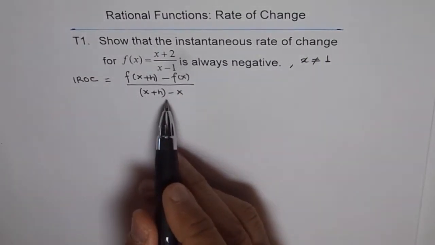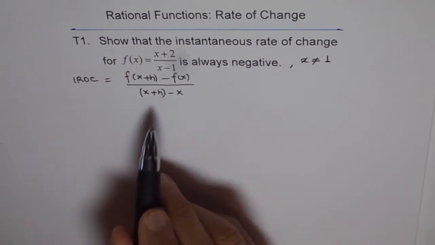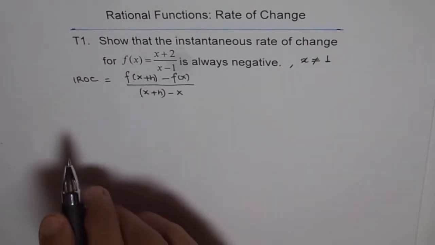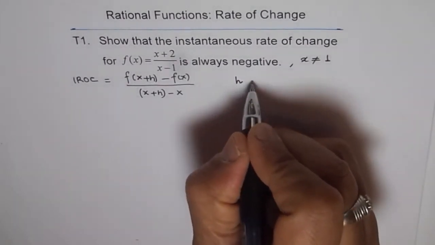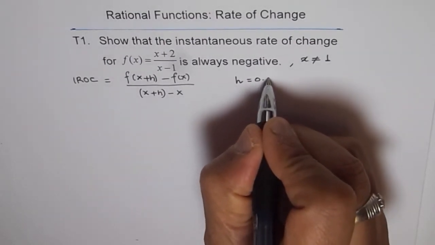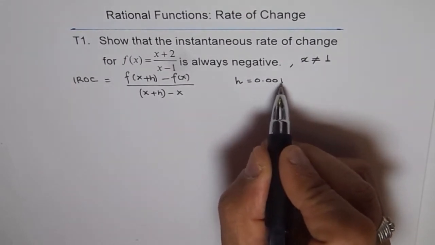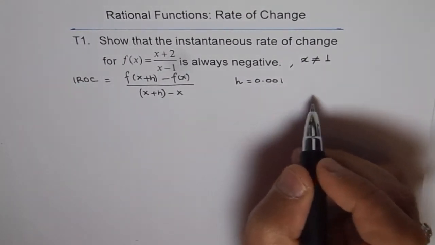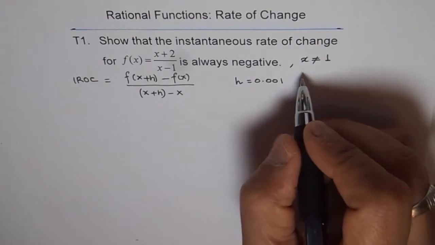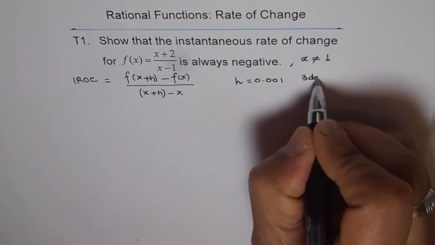Where x is the point of our interest and h is a point very, very close to x. Generally, we take h equal to, let's say, 0.001. If we take h equals 0.001, we get a result which is accurate to 3 decimal places.